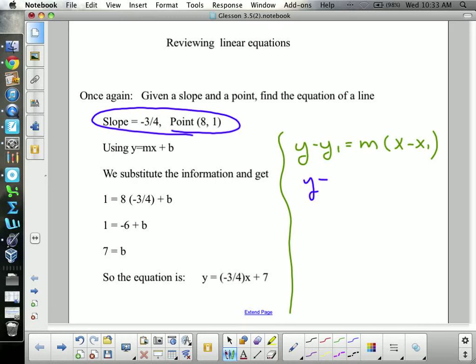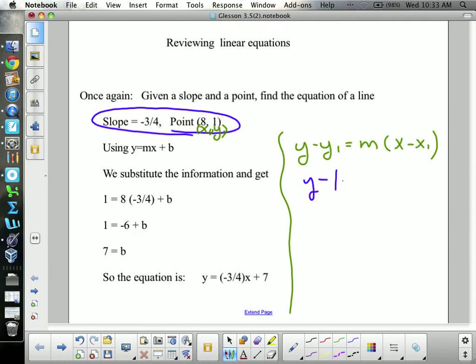Which one represents the x-coordinate, which one represents the y-coordinate when I give you the coordinates 8, 1? 8 is the x-coordinate, 1 is the y-coordinate. These are really x1, y1, the point we're given. So which number represents y1? 1 does. Yes. Thank you.